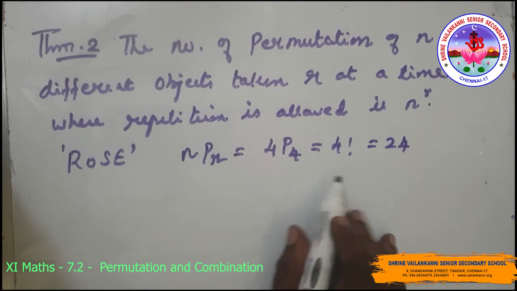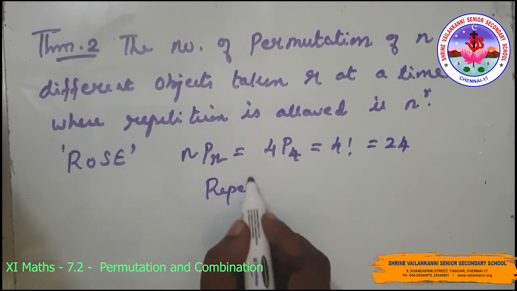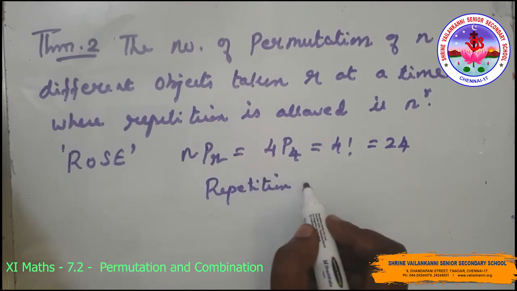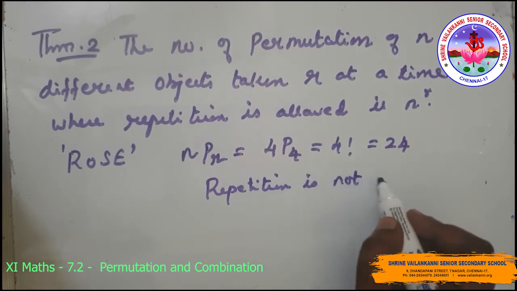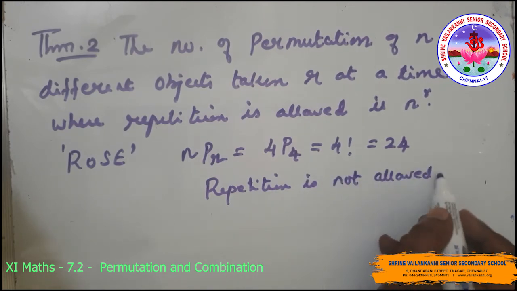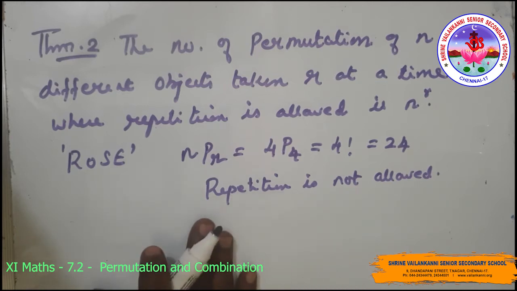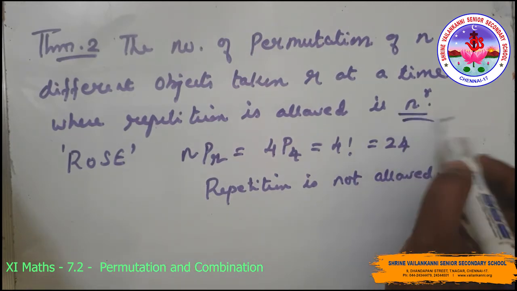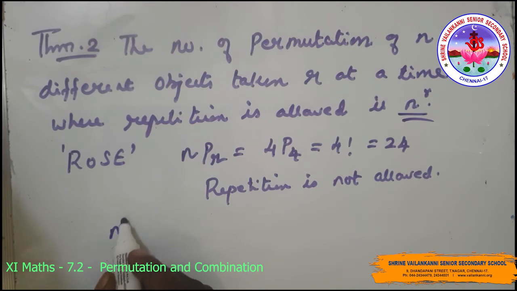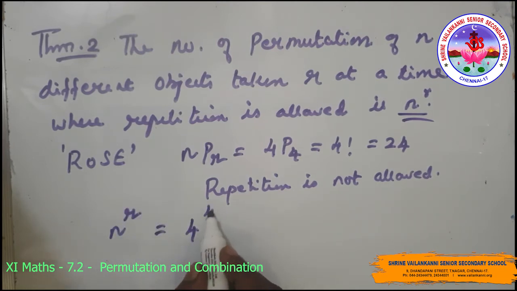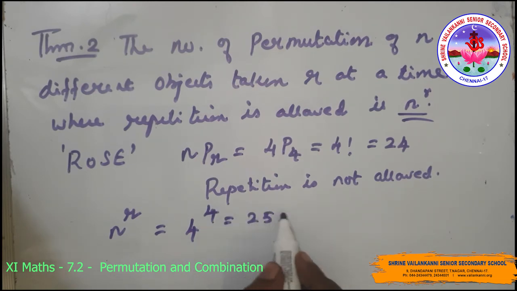Here, when the repetition is not allowed, that is repetition of the letters is not allowed again and again. If the repetition is allowed, and we have to frame 4-letter words, then we have to use this formula n power r, which is 4 power 4, which is 256.